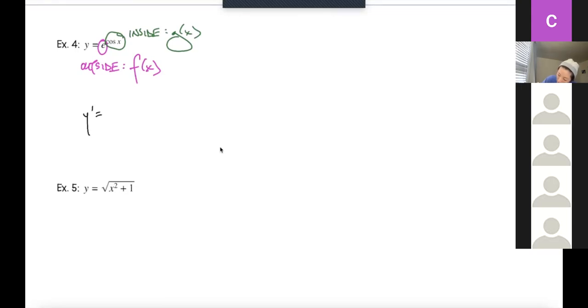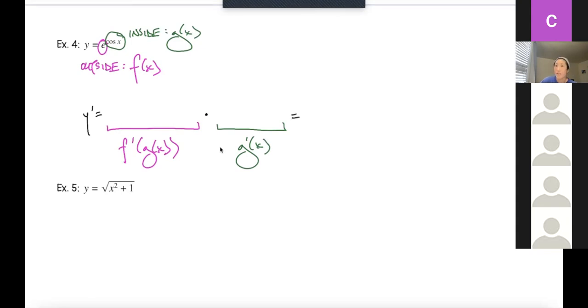All right. So let's find that derivative. We're going to need to find the derivative of the outside, so our f prime of g of x. And then we're going to have to multiply that by our derivative of just our g prime of x. All right, so derivative of the outside function.